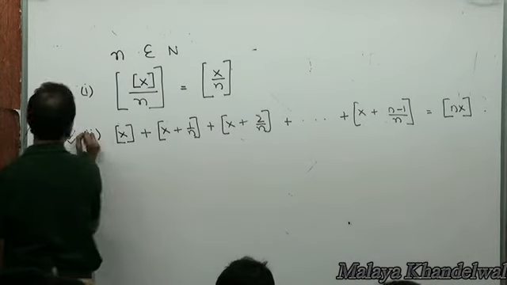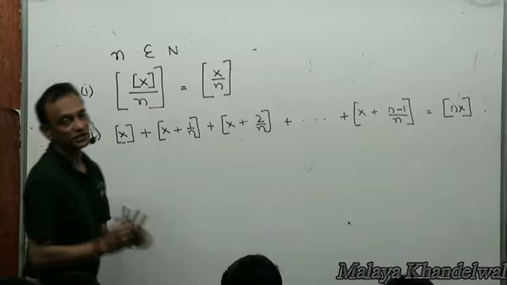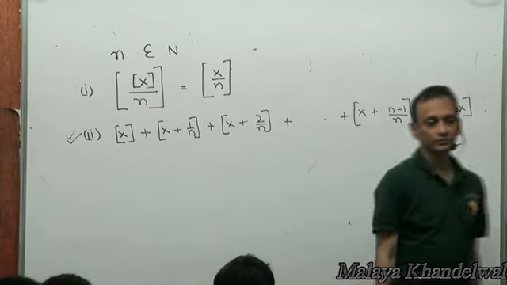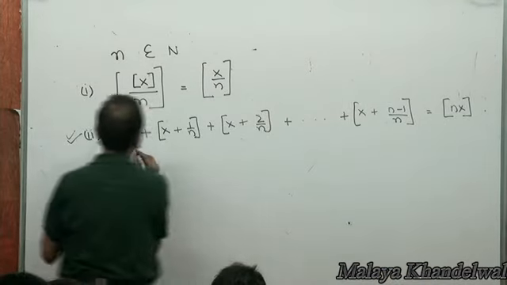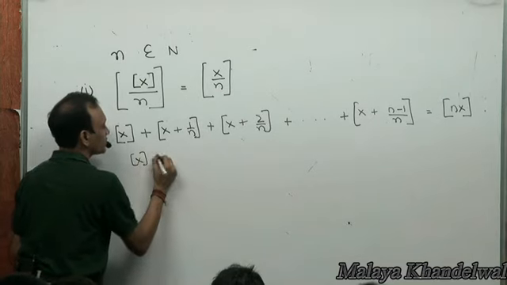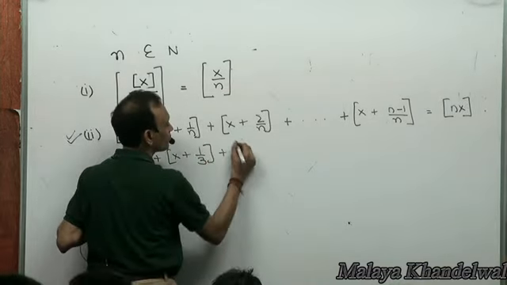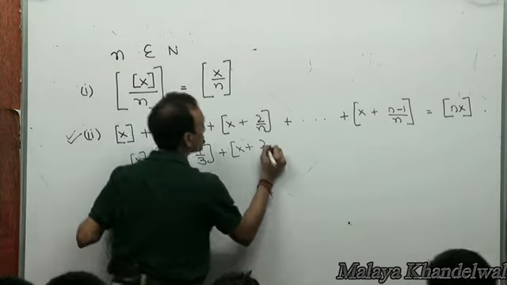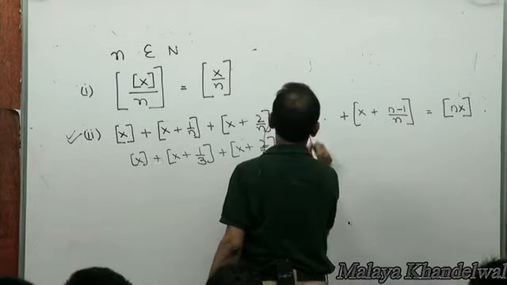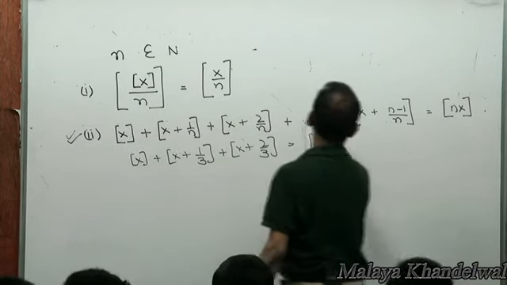This one especially is very, very commonly deployed. For example, box of x plus 1 by 3 plus box of x plus 2 by 3 will be the same as box of 3x.